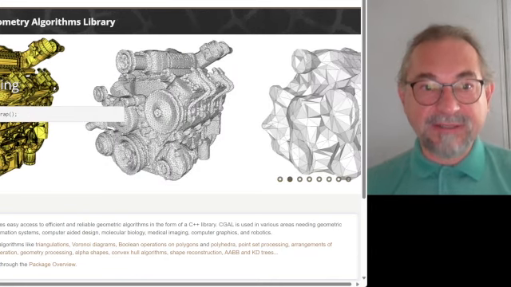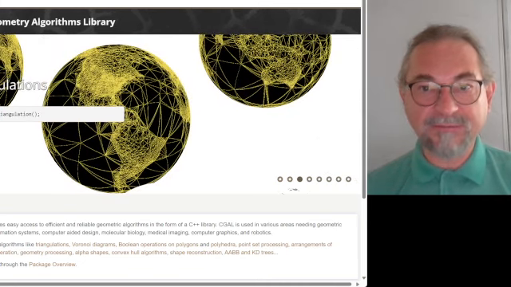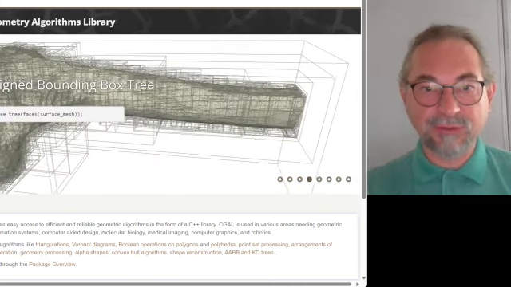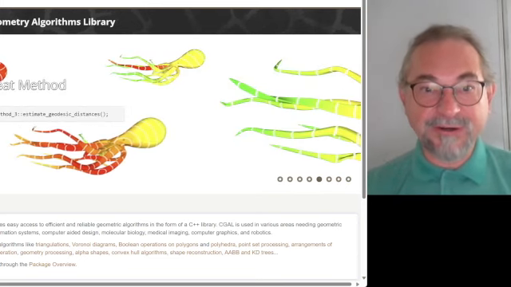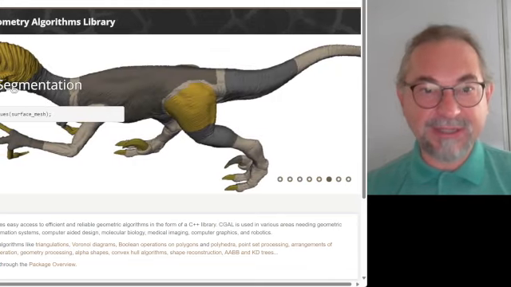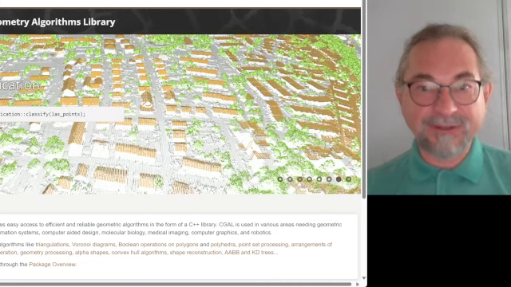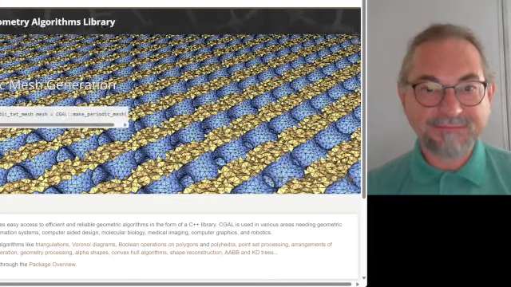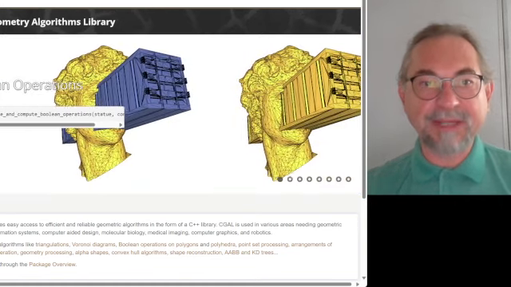You can see the geometric modeling aspects, so the notion of triangulations. Subdivisions are used a lot in computational dynamics, computational visualization. There are many applications.